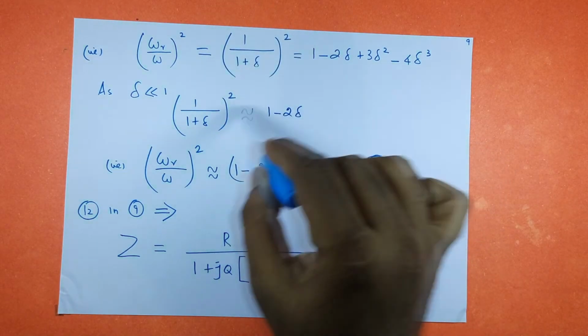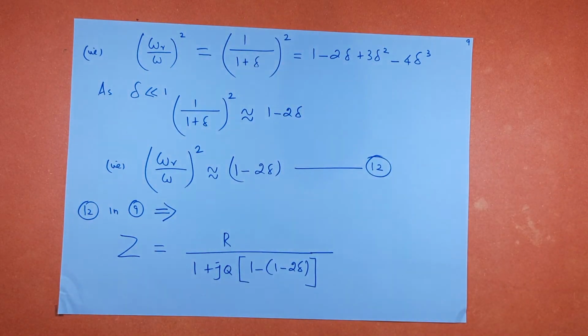This you can expand like this: 1 by 1 plus delta the whole square equal to 1 minus 2 delta plus 3 delta square minus 4 delta cube, like that it will go.